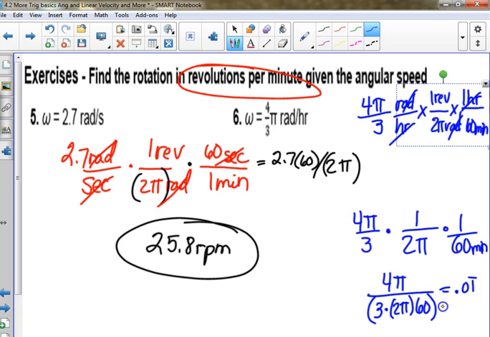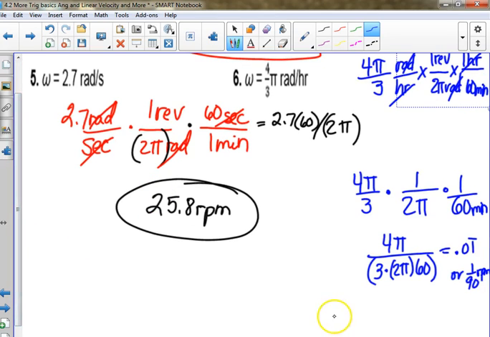Which should be 1/90th if I did it in my head right. Okay. What's the label again? RPMs. Okay. I don't know what's turning that slow, but it's turning really slow. Okay. 0.01 revolutions per minute.